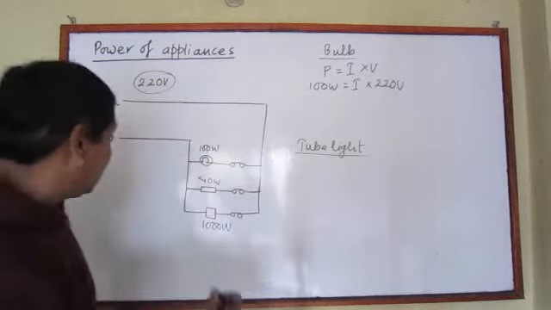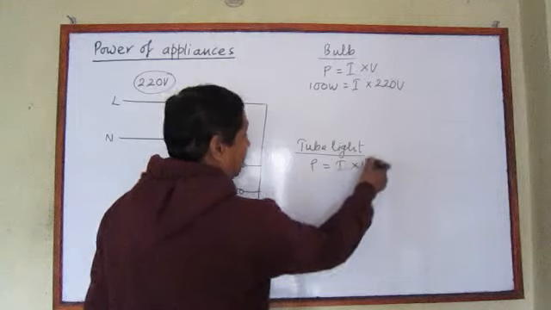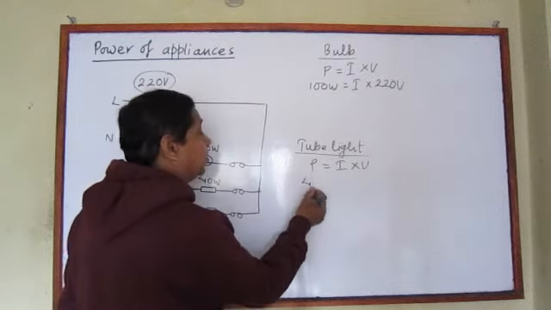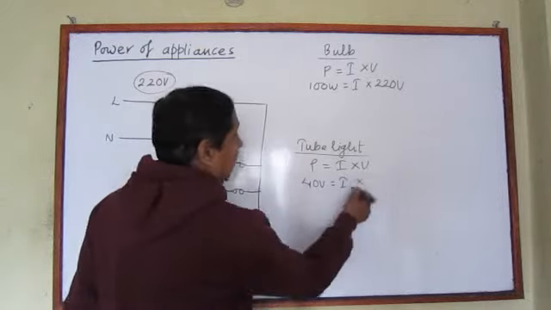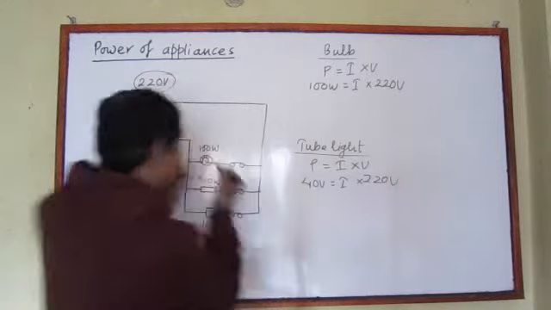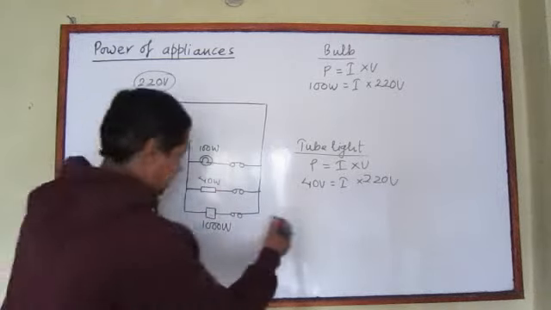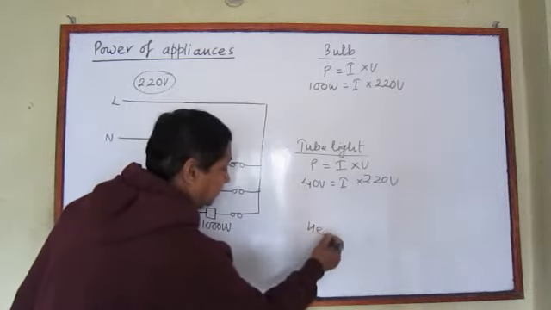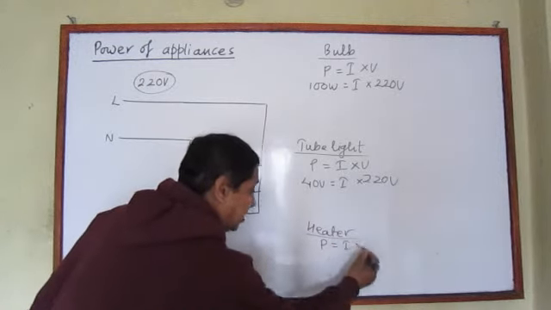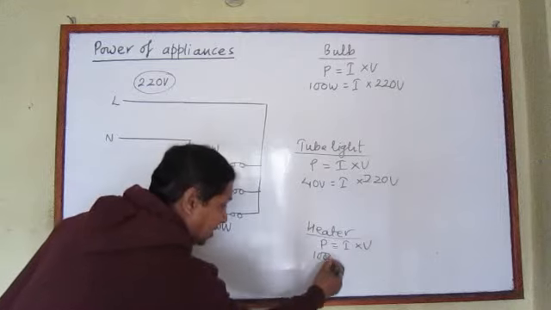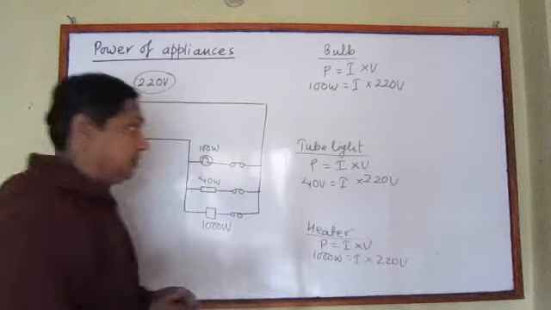The tube light is of 40 watt power, and current we are going to calculate, and voltage 220 volt, because all of them are connected in parallel. That's why each of them is getting the same voltage. Next is the heater. In the case of the heater also, P equal to I into V. Power is 1000 watt. Current we are going to calculate, and voltage is 220 volt.